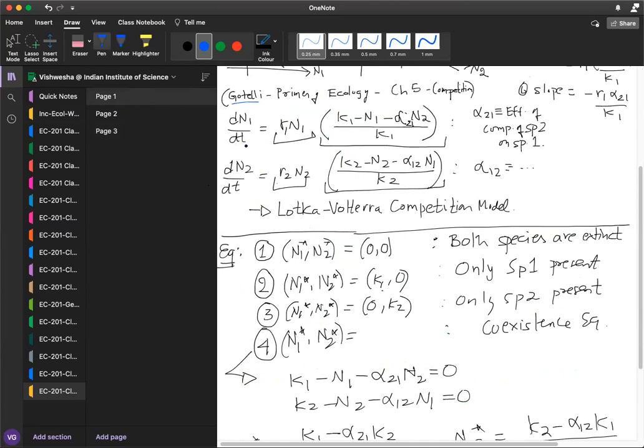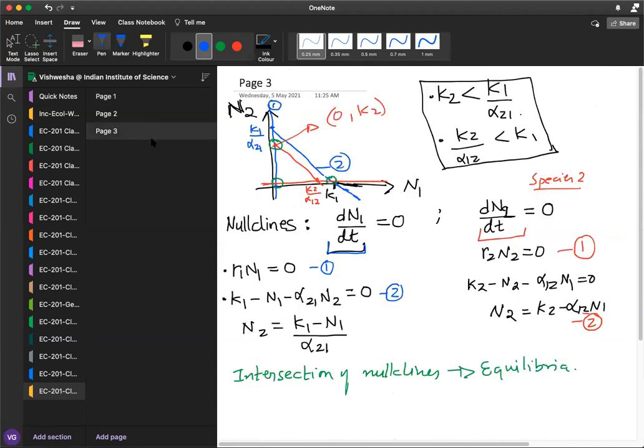That becomes negative too. So if I'm here, there is a pull back: N1 has to reduce in all these regions, because N1 and N2 are too large, and therefore the growth rate of N1 is now negative.